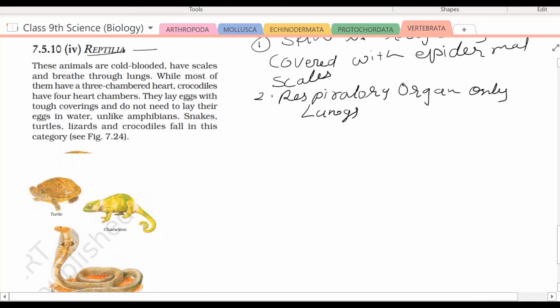Clear? Two pairs of pentadactyl limbs are present. Each digit bears a horny claw. They are unisexual, oviparous. Oviparous means egg-laying.